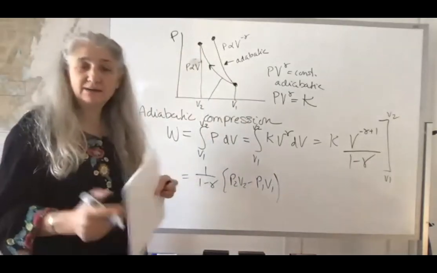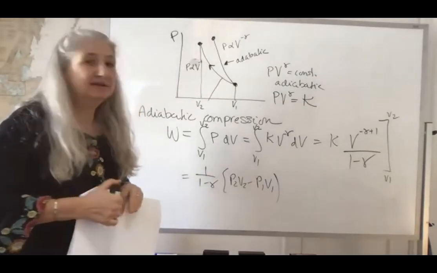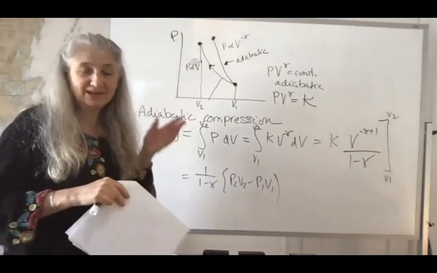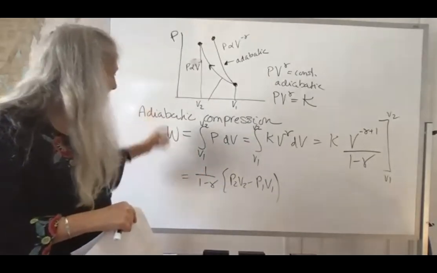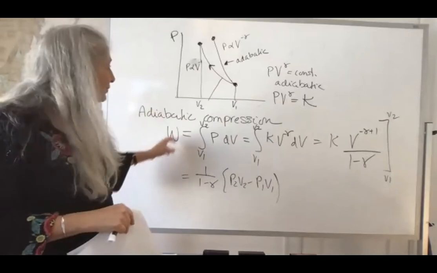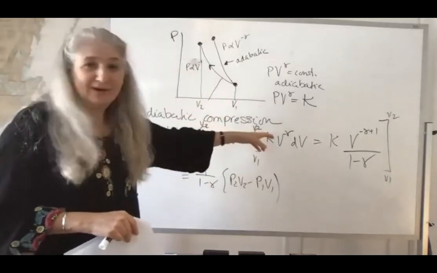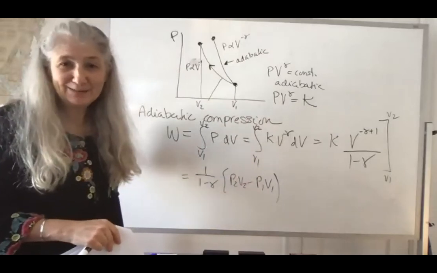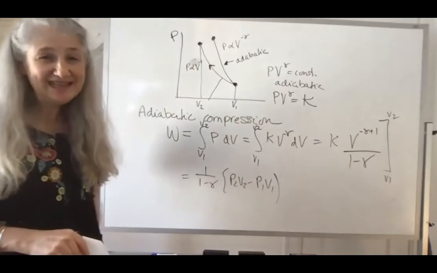So adiabatic compression means no heat, right? So the total energy change is equal to the total work done. We just computed the total work, but we could take P1 and V1 and compute T1, and take P2, V2 and figure out what T2 is.